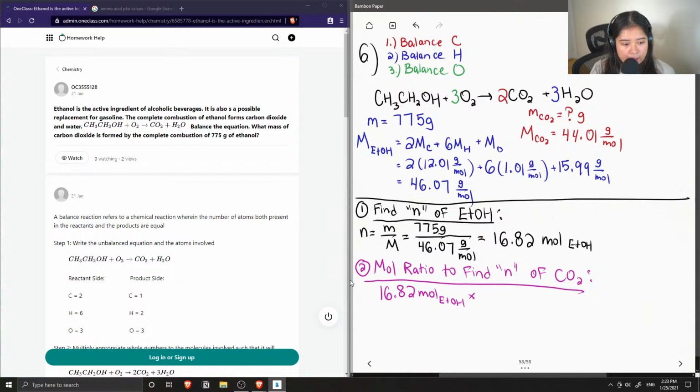We know that 2 moles of CO2 is formed for every 1 mole of ethanol. We can double check that we did the molar ratio correctly if you see that the moles of ETOH cancel out, and we're left with the number of moles of CO2. When you multiply 16.82 by 2, you get 33.64 moles of CO2.